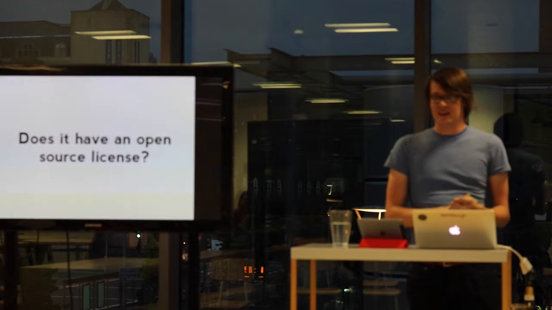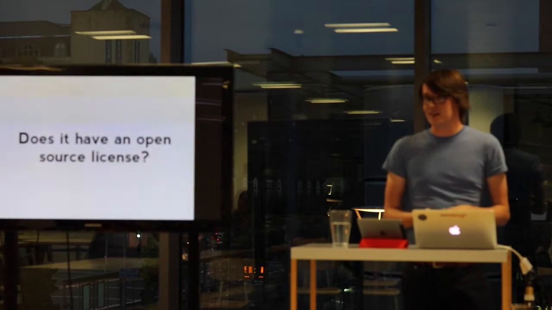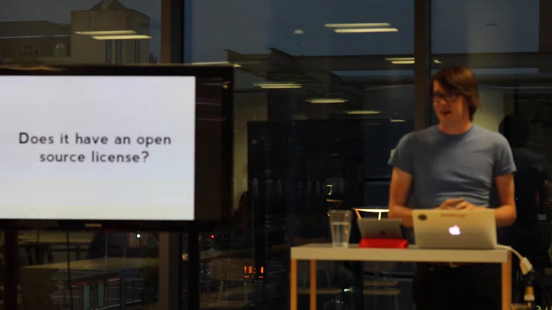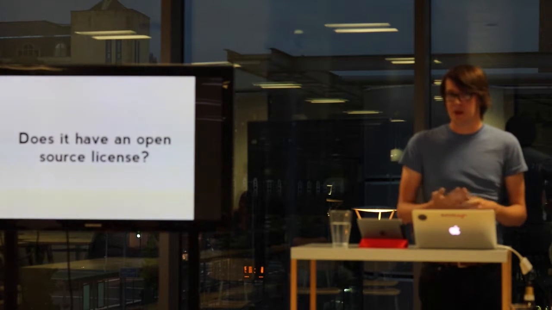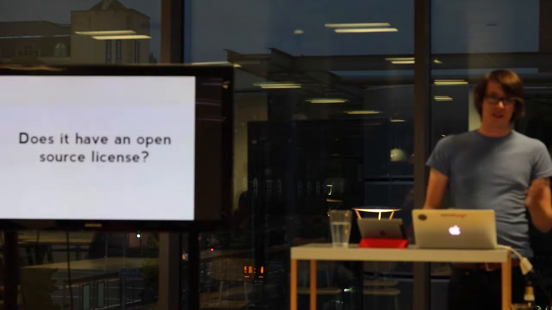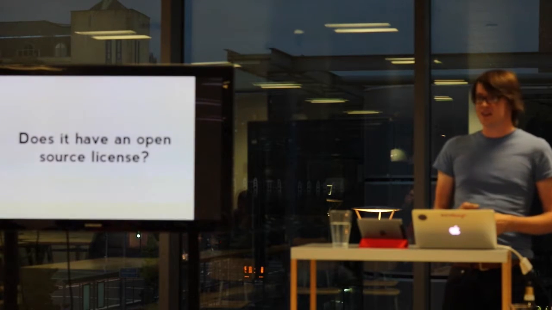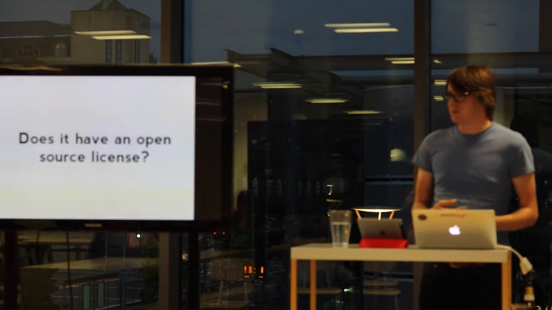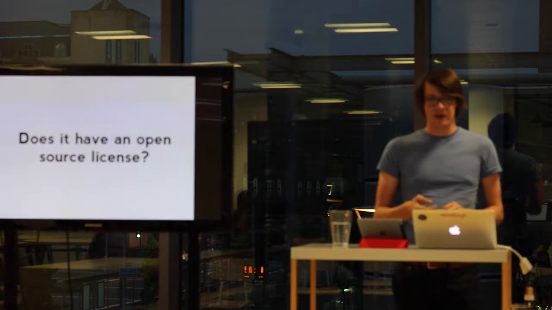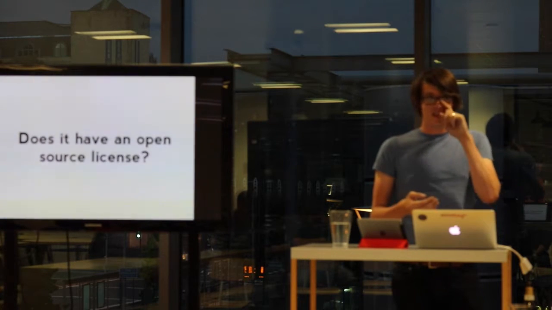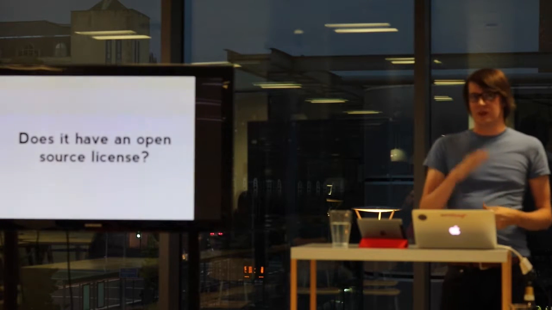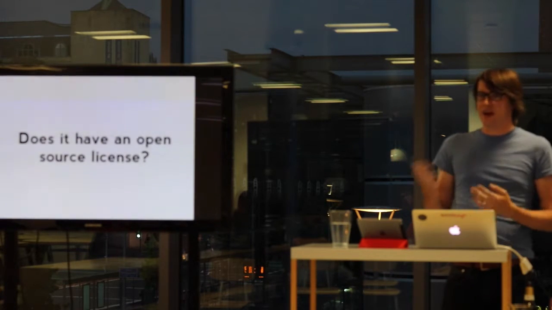It says in the terms and conditions that the copyright of the code, if there is no license, is owned by the person who published it, and that doesn't mean that you're allowed to use it necessarily. So if the project does have a license, it's a good indication that someone thought, well, maybe I should make this actually allowed that other people can use my code. So we can use the existence of an open source license as a signal that this might be good code without actually having to look at it.